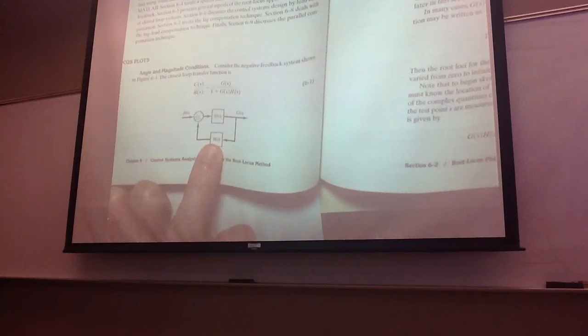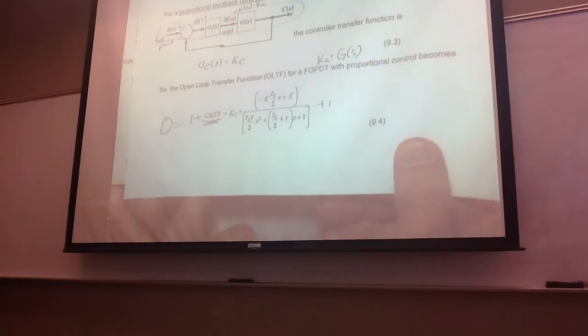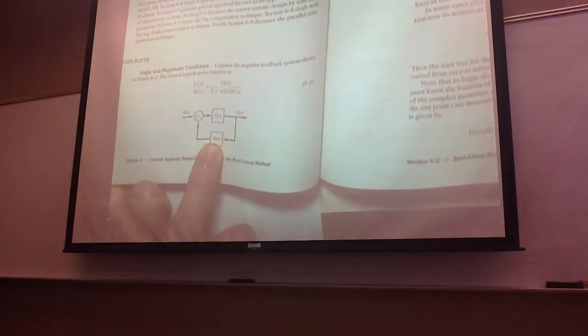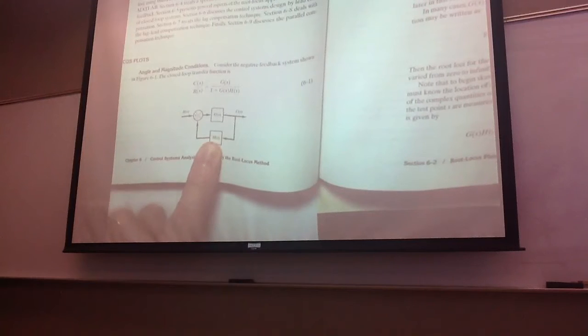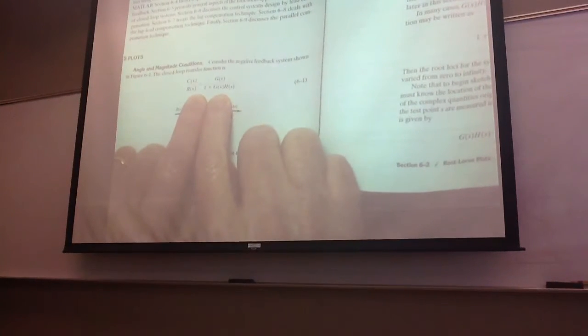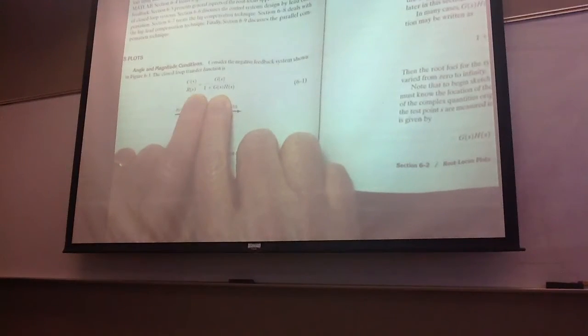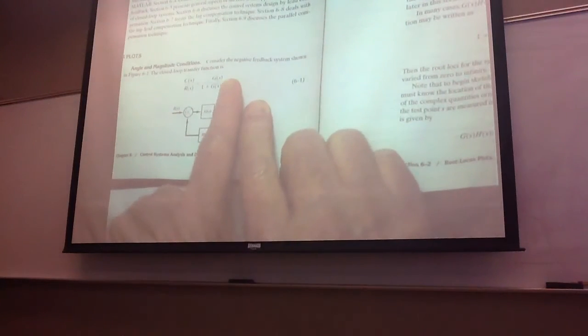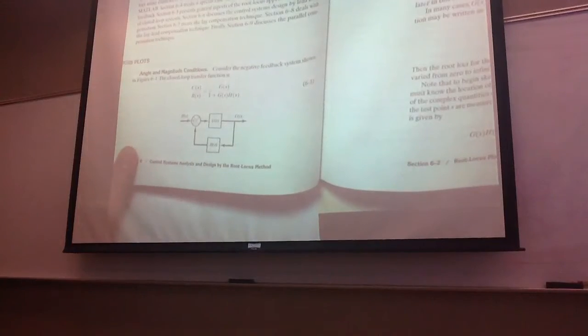So when I show a block diagram like that, you can put a 1 box in there if you want to, it doesn't change anything. Anyhow, so there's the formula for the root locus, the closed loop transfer function. If you leave out the H, make it 1, it just doesn't do anything.